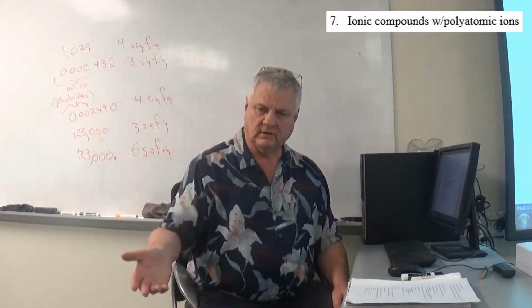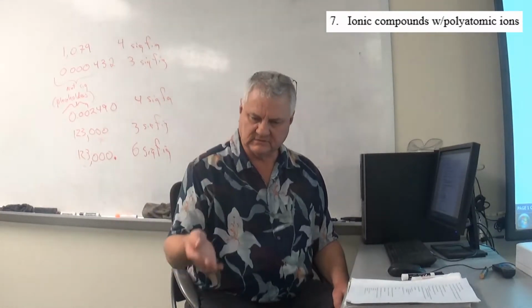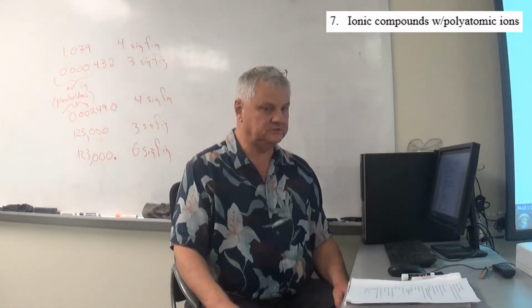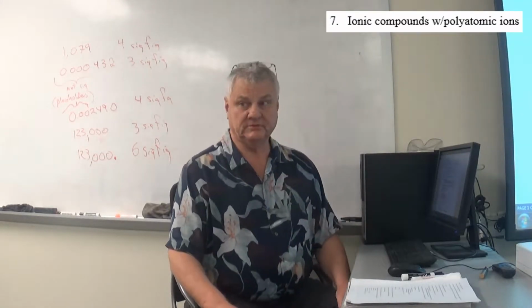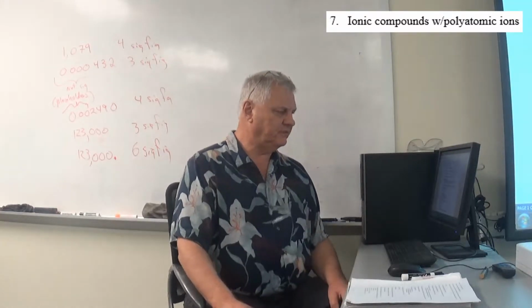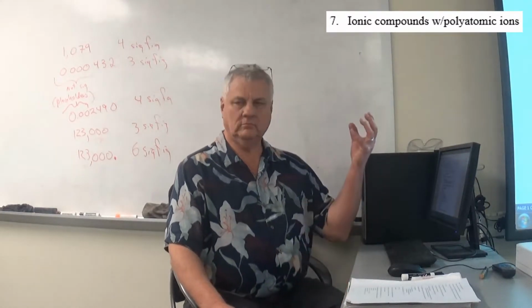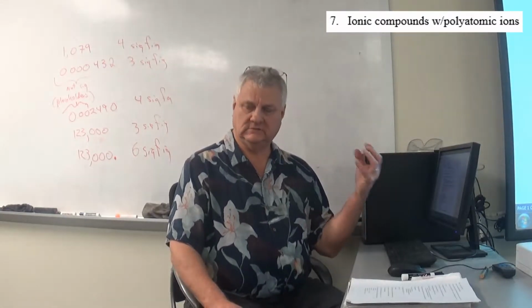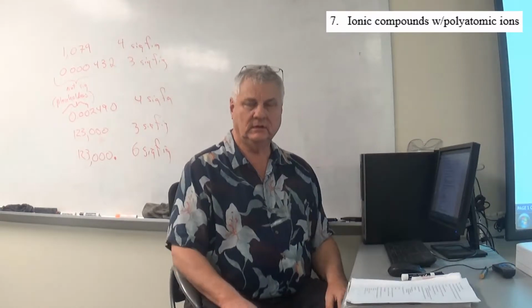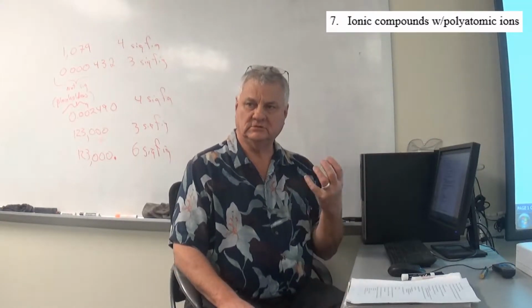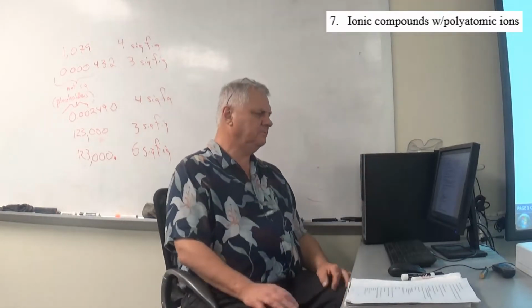So sodium forms an ion with a +1 charge. Calcium forms a cation with a +2 charge. Aluminum forms a cation with a +3 charge. And then for the nonmetals, you have to subtract 8. So chlorine is in group 7A. 7 minus 8 is -1. That's a -1 charge. Oxygen is in group 6A. 6 minus 8 is -2.